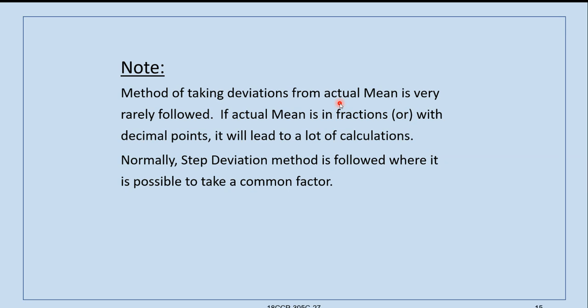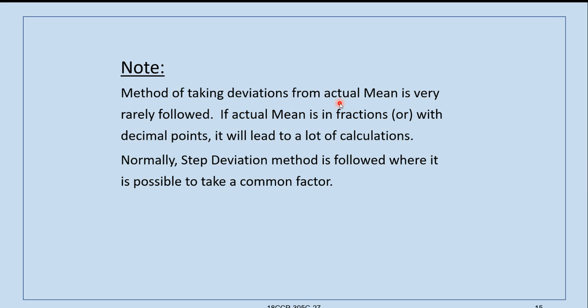So to avoid the decimal points, we will use assumed mean only. We are using assumed mean. That is the second method of calculation for discrete series, apart from the direct method.